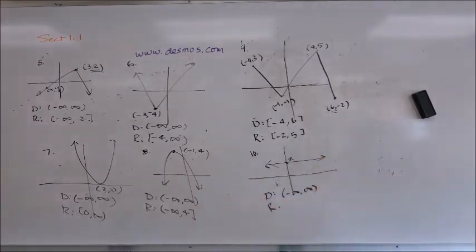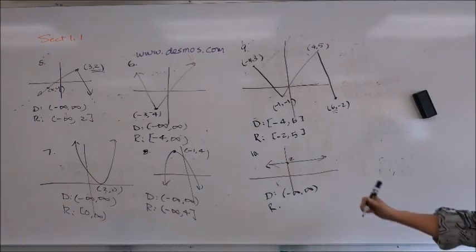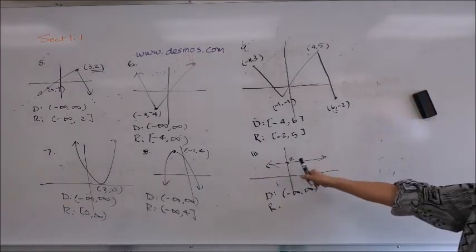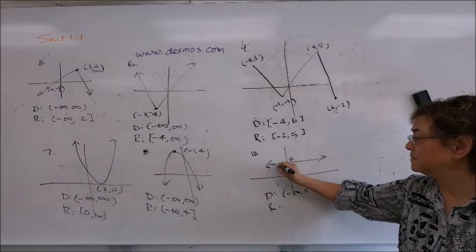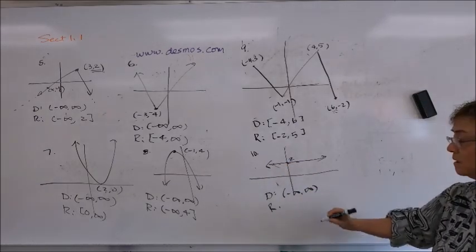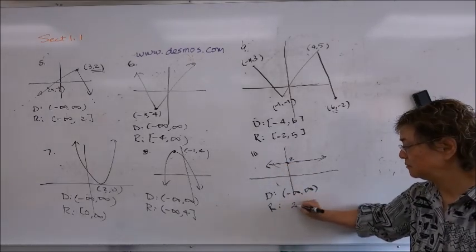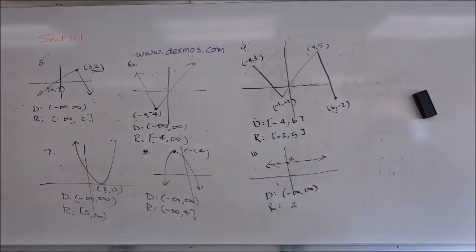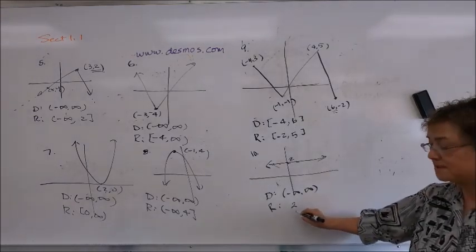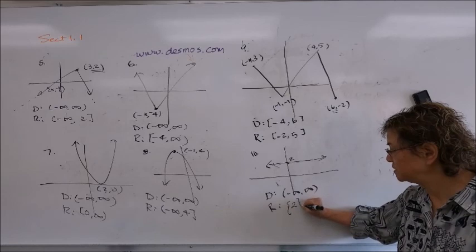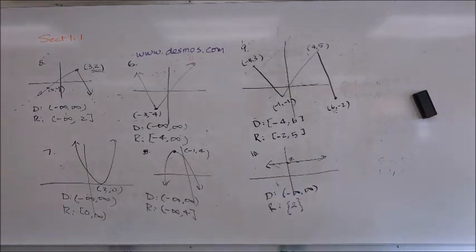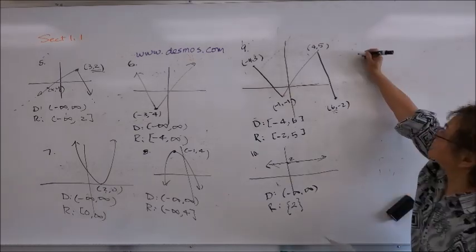How far you can jump up and down? You cannot go down, you cannot go up, except at that place. That means what? Just one point, which is 2. But we write it formally this way. If just a single number, you put a curly bracket around it. Okay?